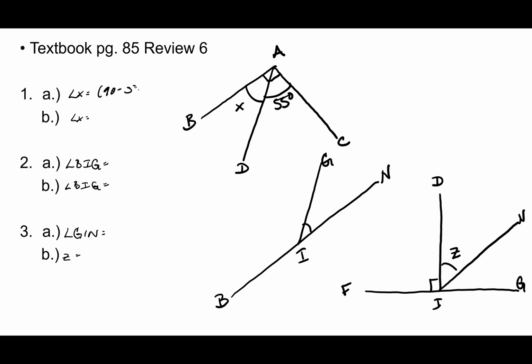Yep, good. That's all it wanted. 90 minus 55. We should not use the angle sign on that one because it's asking for the equation for X. All right, and then what is the angle X? What is it solved? Nora? What'd you get, Kala? Good, 35 degrees is correct.